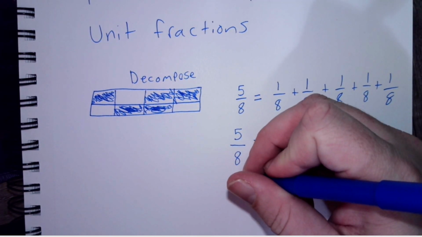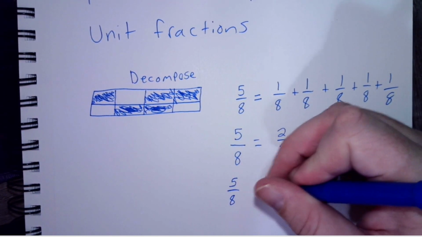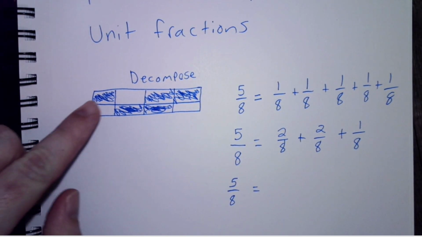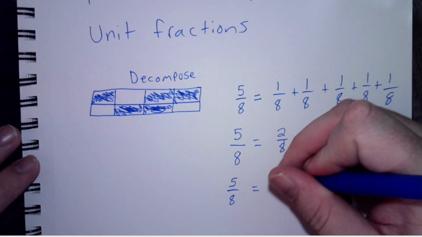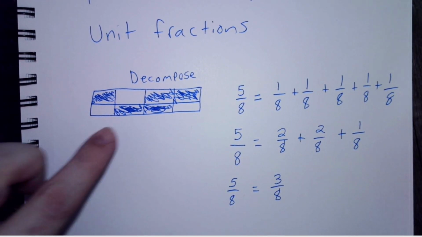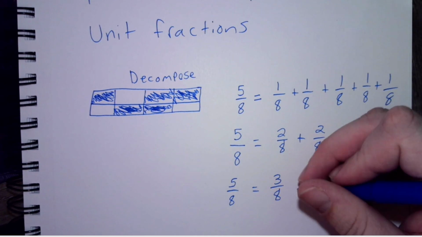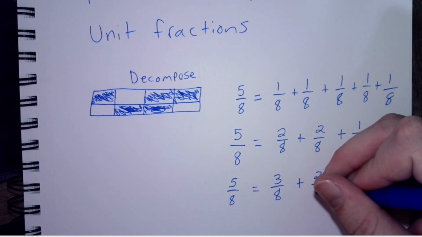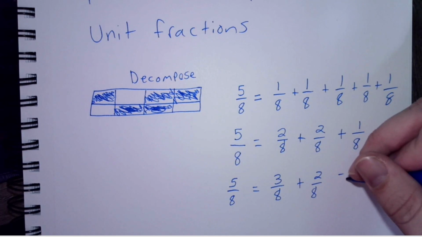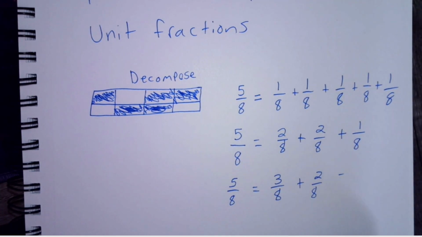We could also break it down in a different way. There's all kinds of different combinations here. We could say 1, 2, 3/8 plus 2 more eighths. And that would equal 5/8, but we already started there.